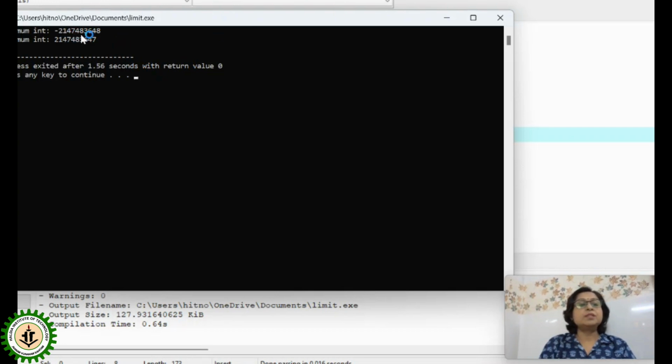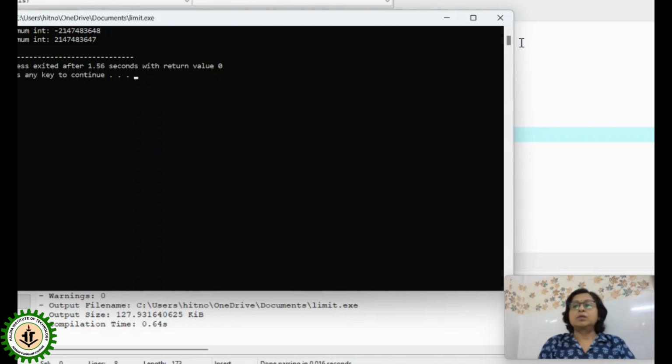The integer here takes 32 bits, 4 bytes. With 32 bits, the lowest negative number is -2147483648, and the maximum positive number is +2147483647. So this is a huge range.